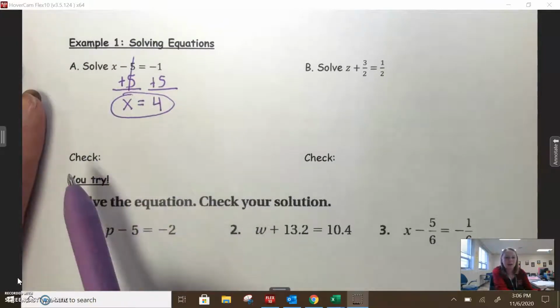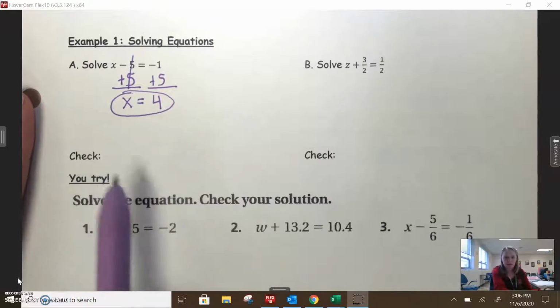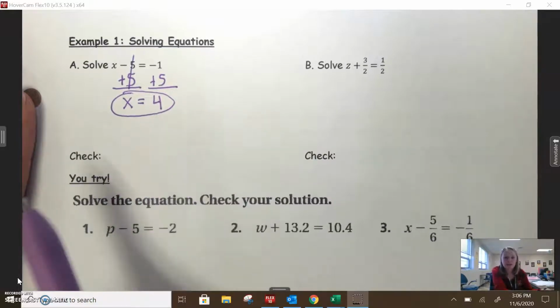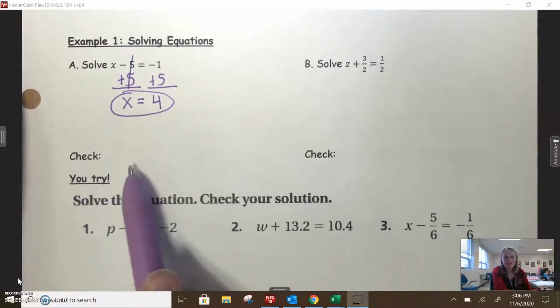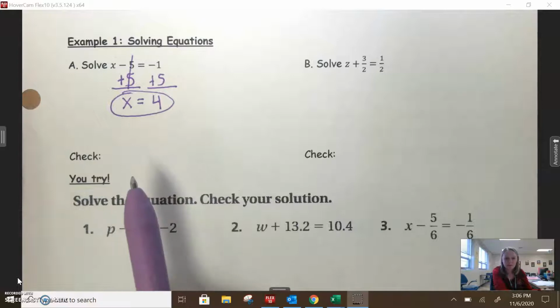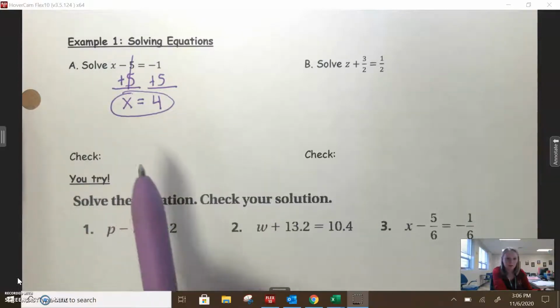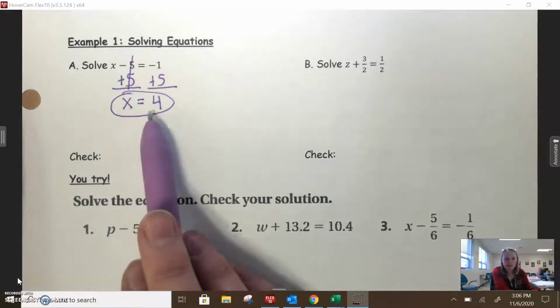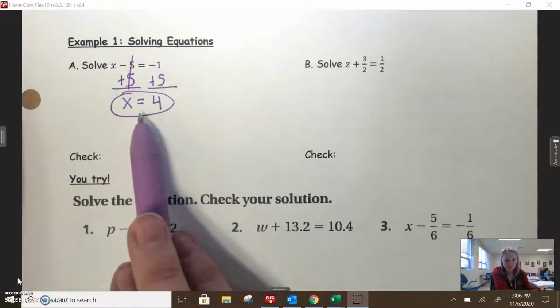Now, this isn't always the most fun part to do, which is the check. I want you to really get in the habit of checking, because as long as you're checking, you will always get these problems right. It's not the most fun thing to do, I know that, but it really is important that you can check your work. So what we're saying here is x is equal to 4. That means x and 4 are the same thing if they're equal to each other.